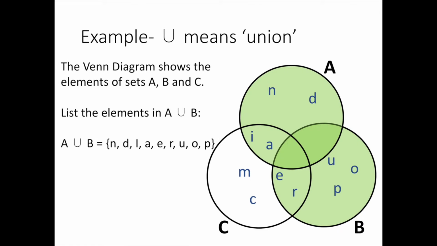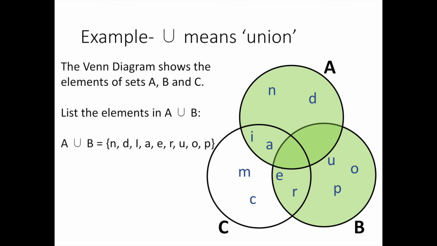The first symbol that we're going to learn is the union symbol. You'll see that it looks like a U shape here. Now we have a Venn diagram which shows 3 sets, set A, B and C. Each of these sets contain elements, which are in this case the lowercase letters.